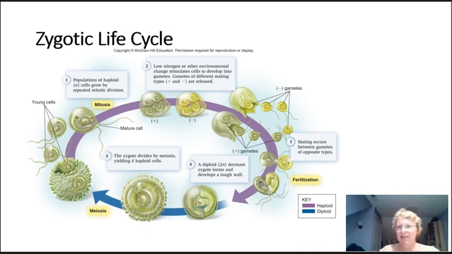There are 3 different life cycles that are found in the protist groups, plus a few variations on those cycles, but for this lecture, we'll just stick to the basic patterns. The first one we are discussing is the zygotic life cycle.